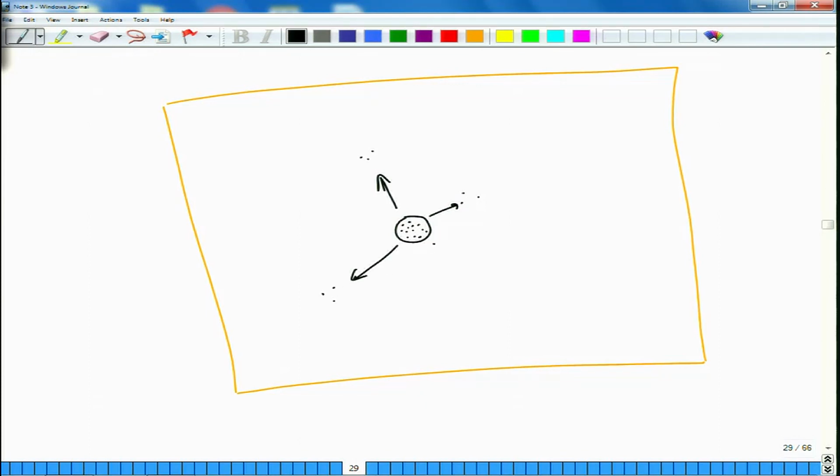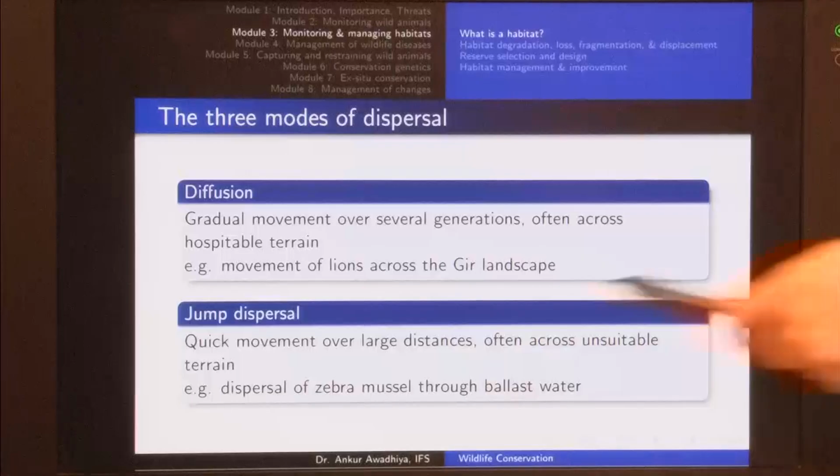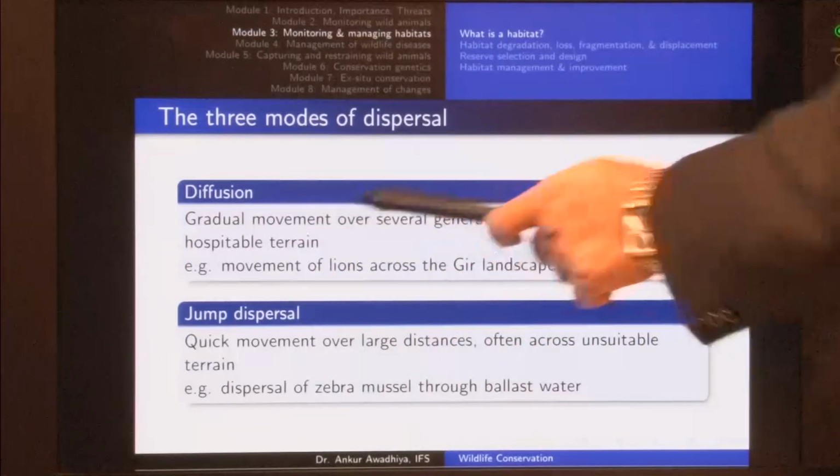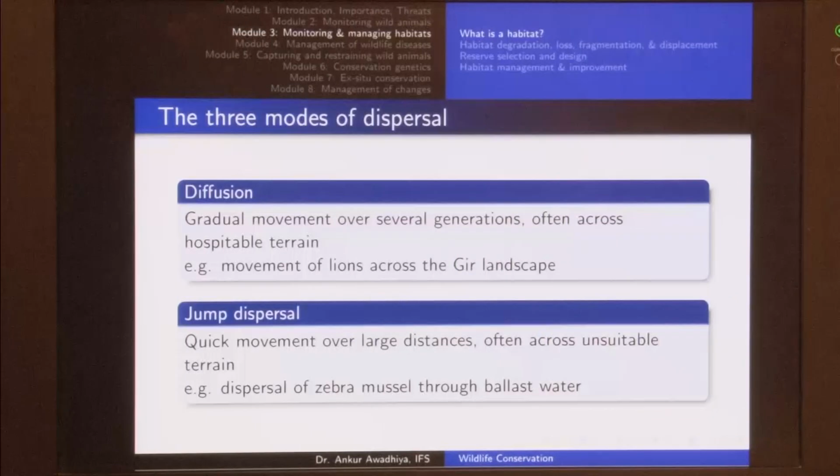So, it is a very slow movement just because we have very few individuals. So, it is a gradual movement, often across several generations, often across hospitable terrain. So, the movement of lions across the Gir landscape is one good example.